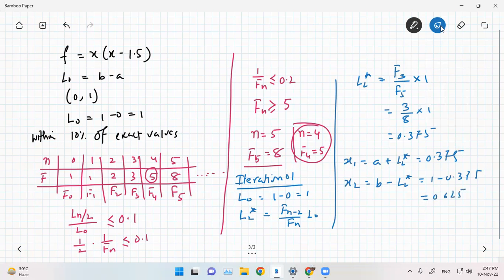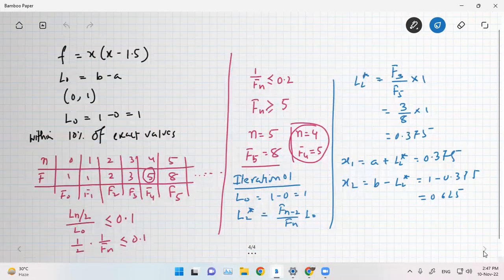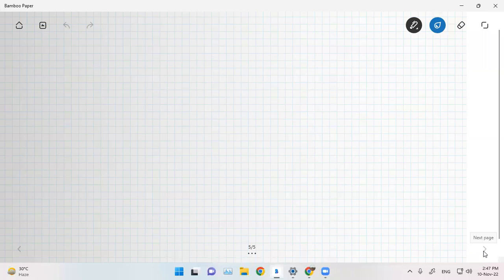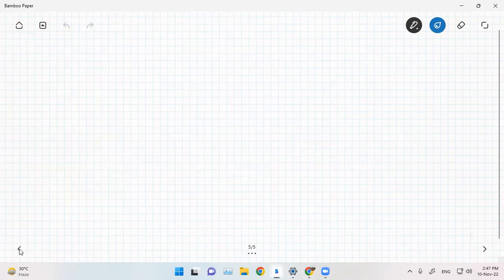0.625. Now, next thing we have to do is finding the values of these two at 0.375 and 0.625. And also, it's always better to plot the curve. So what we have is this.